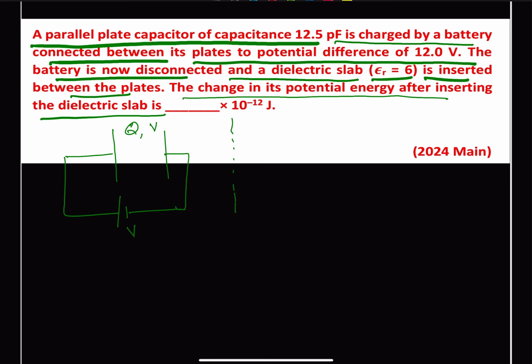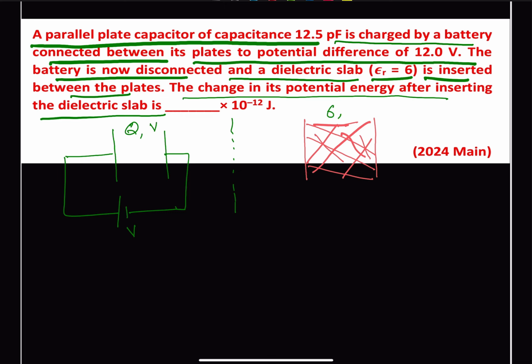In the second part, the battery is removed, but inside it is filled by a dielectric, and here the dielectric constant is given to us as 6.